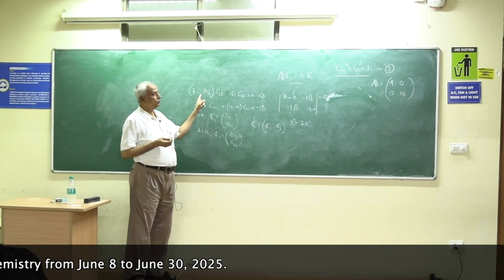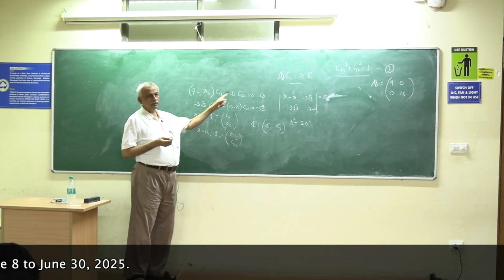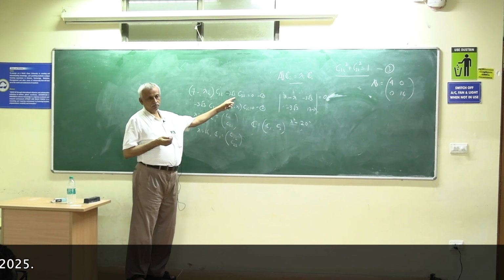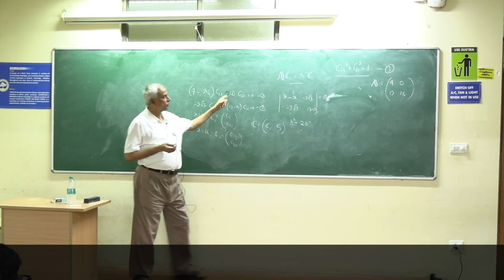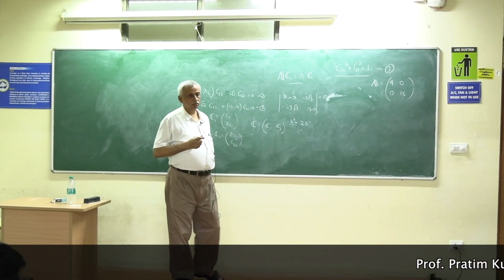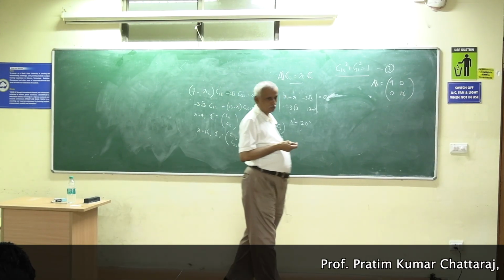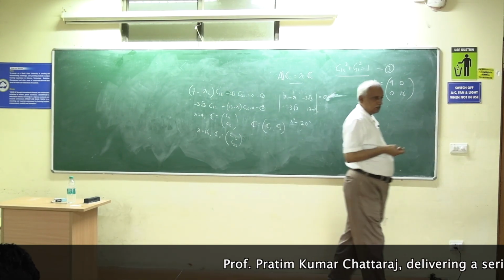You see what you have to do, you write C1I in terms of C2I, C11 in terms of C21, and then put it over there. That will solve your problem, isn't it?